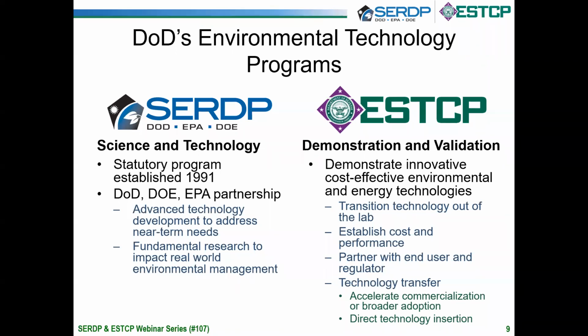And typically what we see is the knowledge or the technologies that come out of CERTUP, as they mature, they move into ESTCP to demonstrate these concepts or technologies in the field. And very importantly, overall, is then to transfer this knowledge or specific technologies out to end users so that it's used in the field.